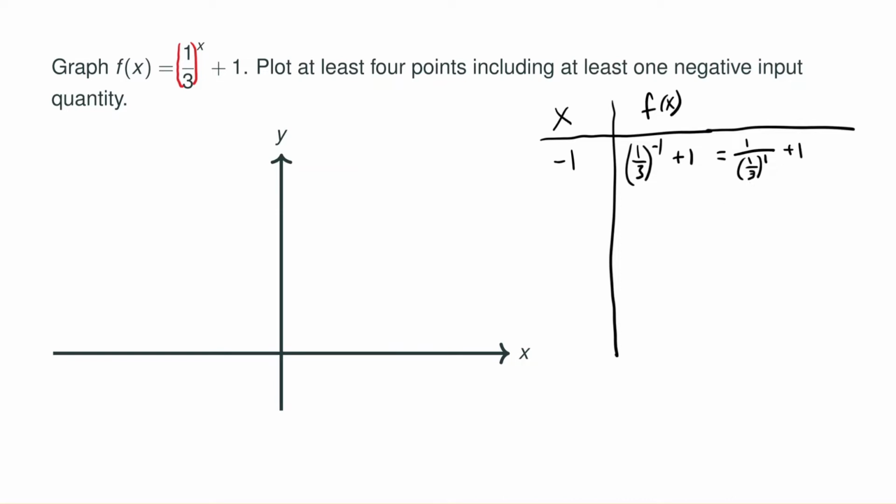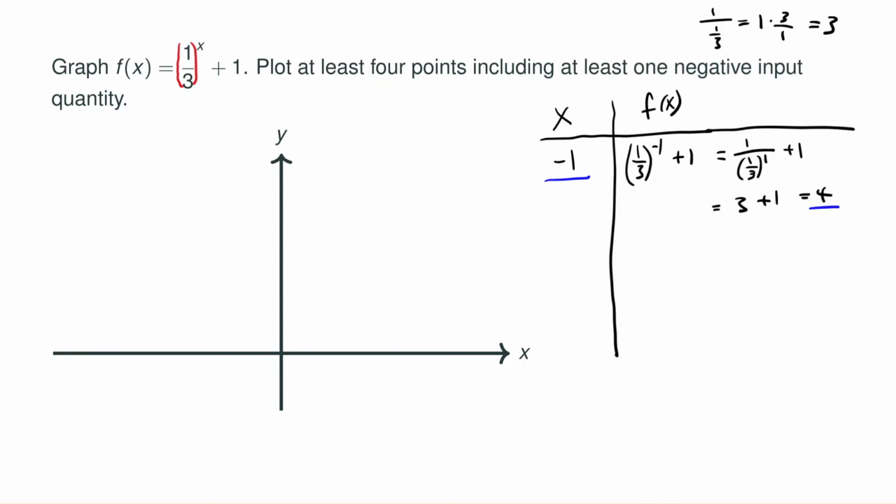Plus 1, which gives me 1 over 3 raised to the 1 power is 1 over 3. And 1 over 3 is the same thing as 1 times 3 over 1. Dividing by a fraction is the same thing as multiplying by the reciprocal, which gives me 3. So I have 3 plus 1, which is 4. So that means that when x is -1, y is 4.